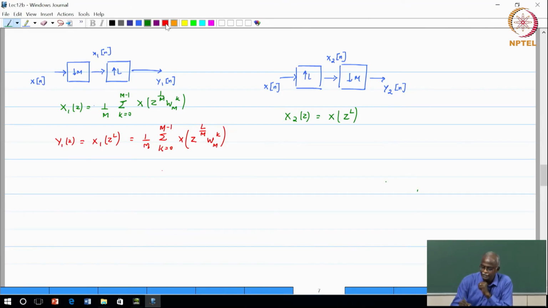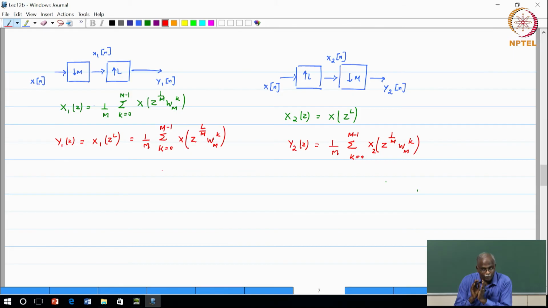Now, the next equation is the downsampling: Y2 of z is 1 over M summation k equal to 0 to M minus 1, X2 of z power 1 over M W_M^k. I have an expression for X2 of z.